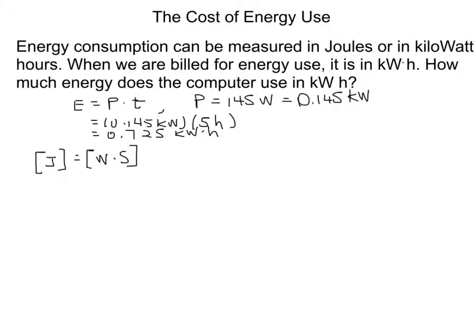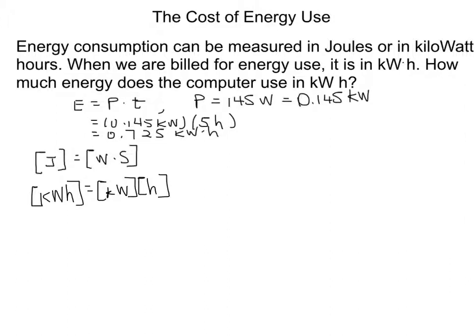So that makes sense. So if we look at energy in kilowatt hours, we got it by multiplying the power times the time. But the power was in kilowatts, and the time was in hours. So it seems pretty straightforward here.